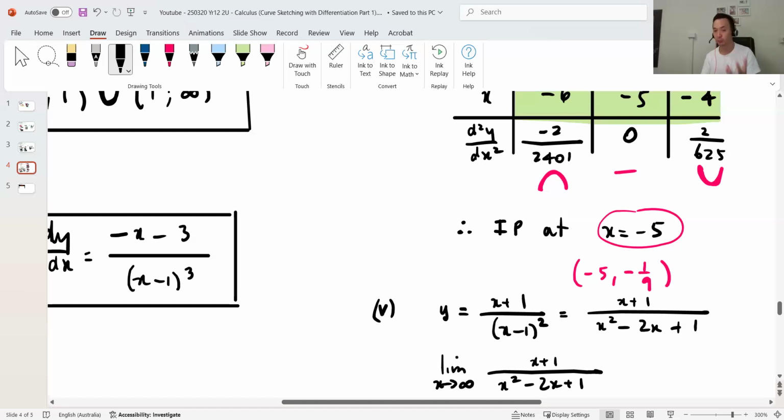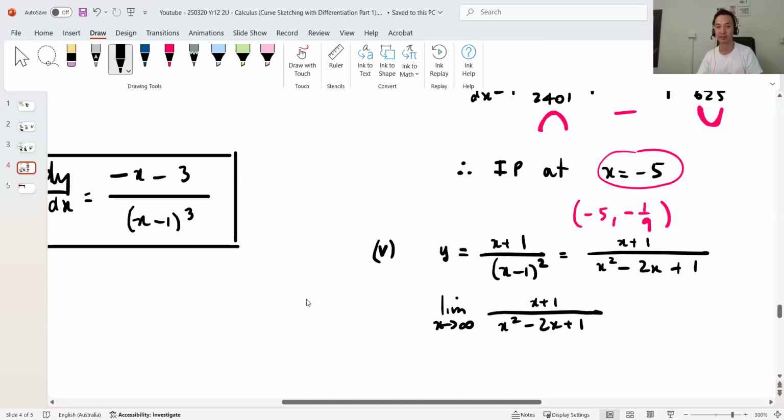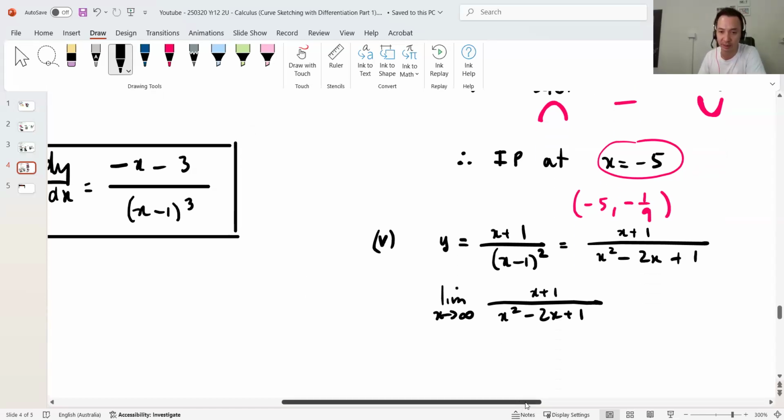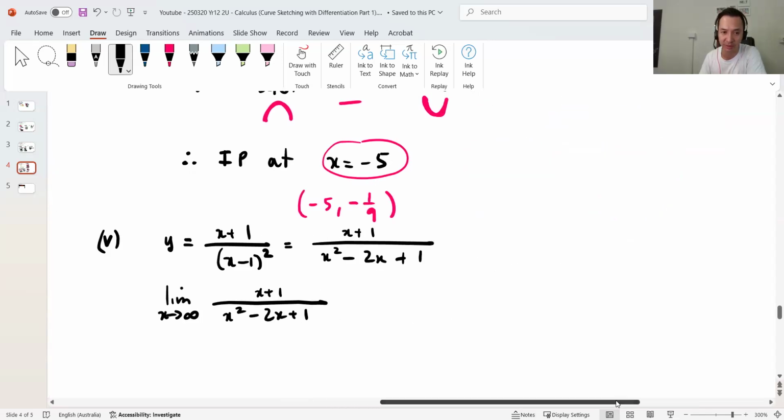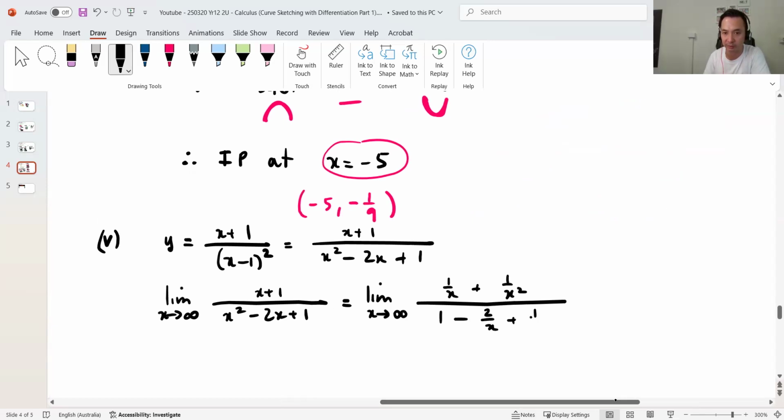Now, some schools don't teach this anymore, because they don't consider it to be part of the syllabus. But basically, to find limits like that, you divide everything by the highest power of x. You get the limit as x goes to infinity, divide everything by x squared, so you get 1 on x plus 1 on x squared over 1 minus 2 on x plus 1 on x squared.